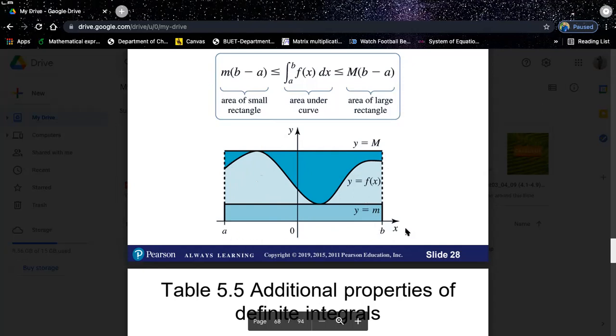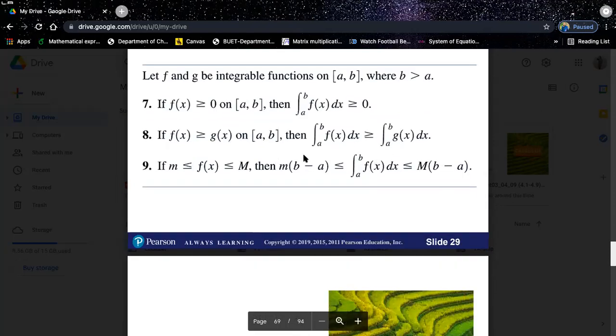Now, what is m? The interesting thing here is, m is actually this length. Do you agree? M is this length, right? And b minus a is this length. So can you see that this is actually giving us an area, although it doesn't look like an area, right?